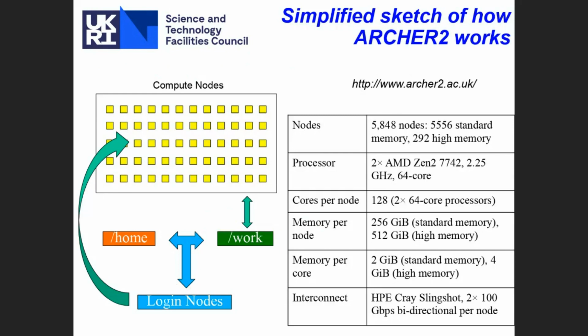And finally, I wanted just to show a very simplified sketch of how ARCHER2 works. On the right-hand side, you get the features. This is copied from the ARCHER2 website. This corresponds to the machine when it's going to be at full capacity.